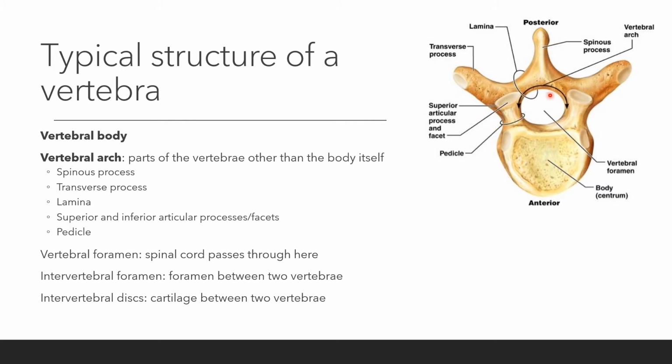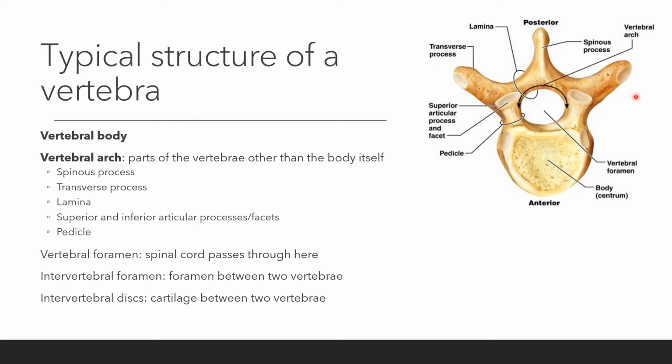The vertebral arch consists of the spinous process, which projects posteriorly. It consists of the transverse process, which projects transversely, which is why it's called the transverse process. We have the lamina, which is located between the spinous process and the transverse process.